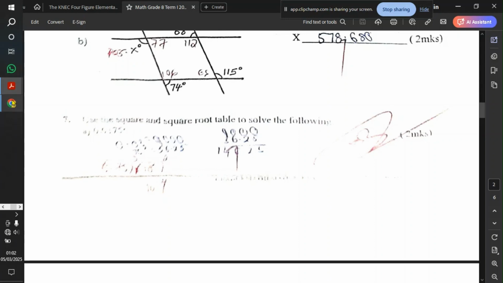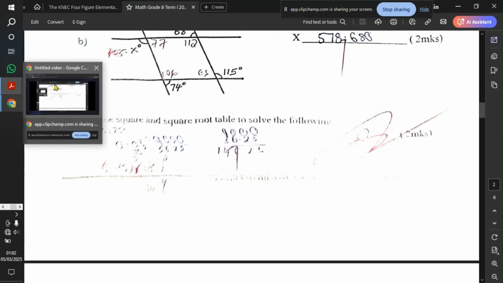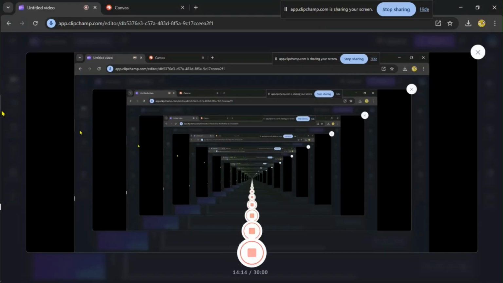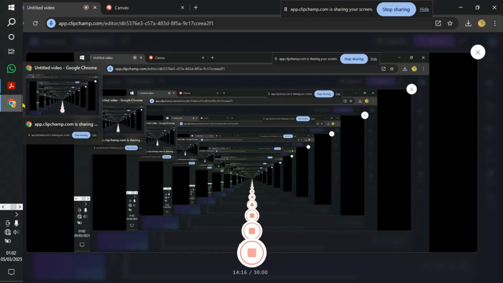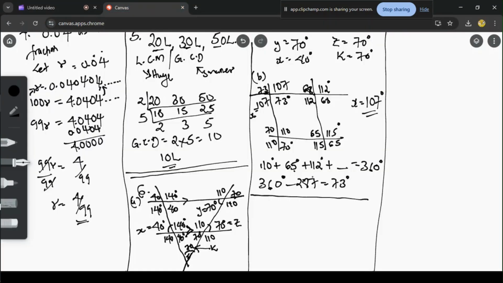So here is a good question reminding us of use of square tables. We want to use tables. This is number 7.